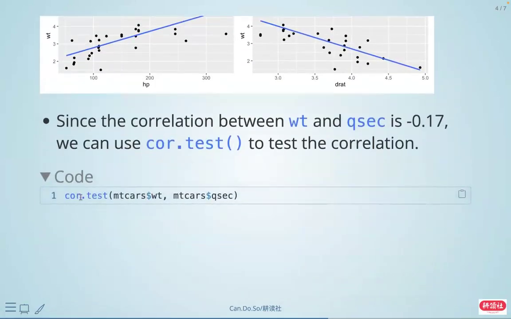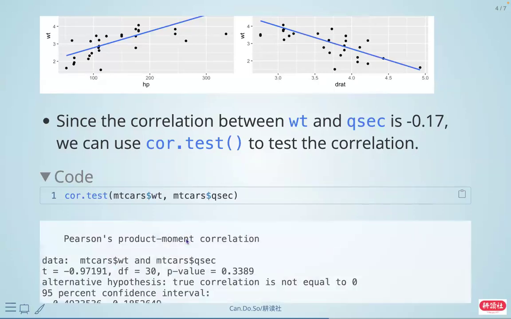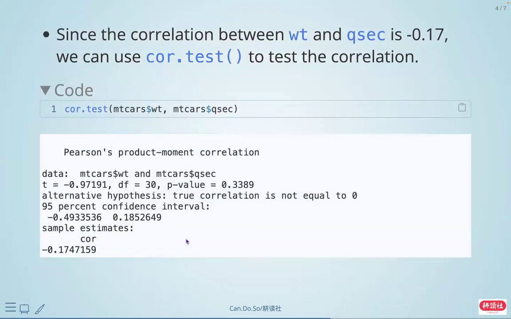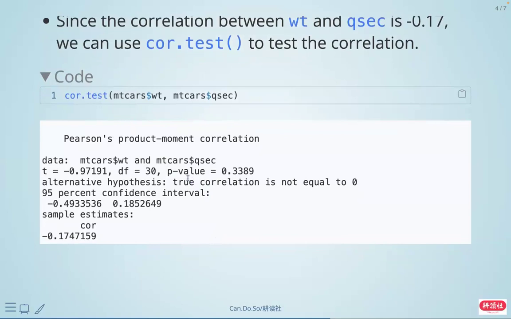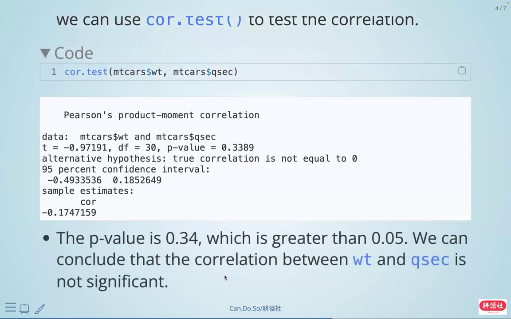We use cor.test. The null hypothesis is that they are not correlated. Since the p-value is quite big, we do not reject the null hypothesis, which means the true correlation is equal to zero.